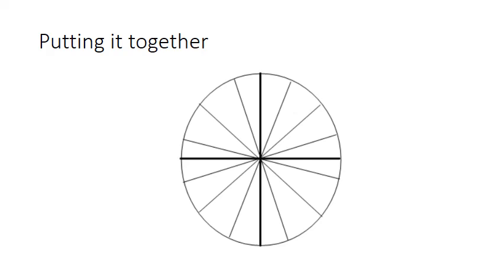So let's put it all together. So we have our quadrantal angles, which are 0 or 360 degrees, which can also be written as 0 or 2 pi radians, and then also 90 degrees, which is pi over 2 radians. 180 degrees is also a quadrantal angle, and it is pi radians. 270 degrees is 3 pi over 2 radians.